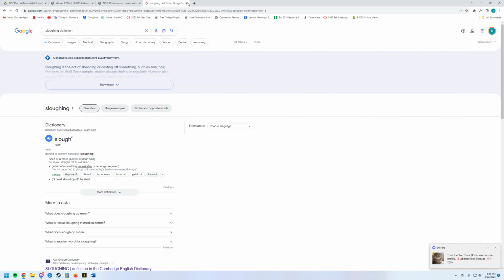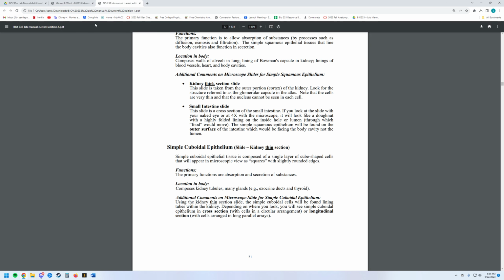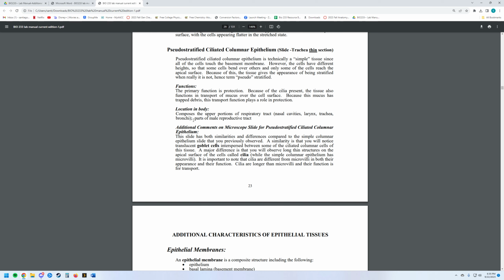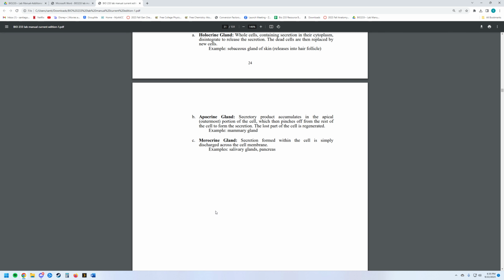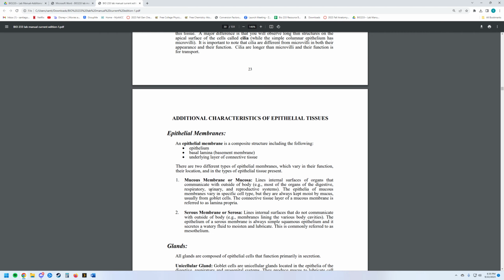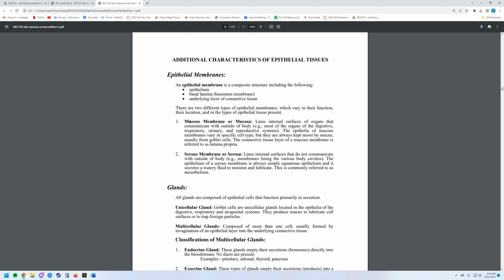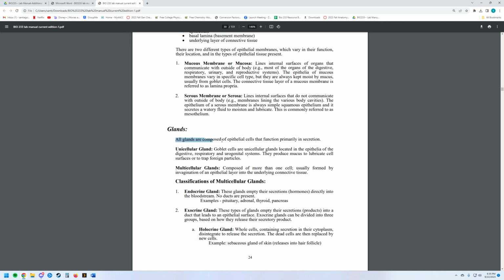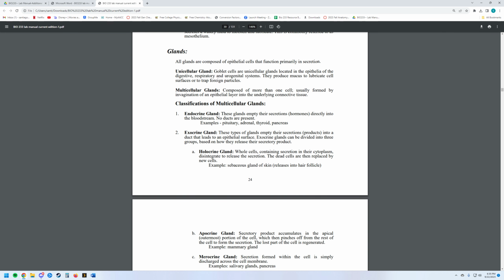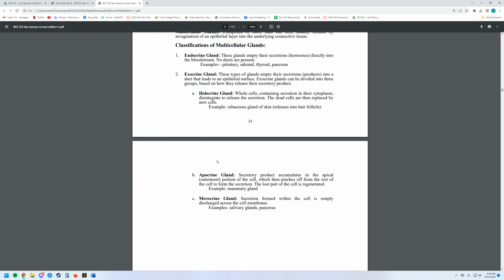Maybe I should have been going through the actual lab manual. Looks exactly the same. These are talking about glands. We didn't get the glands, did we? We didn't. All glands are multicellular. Endocrine, exocrine, holocrine. Dude, I don't even know.